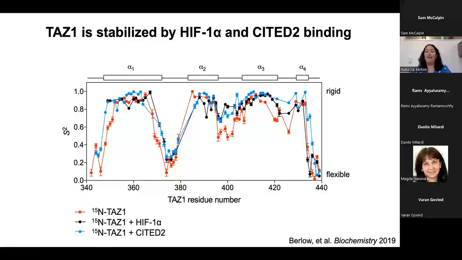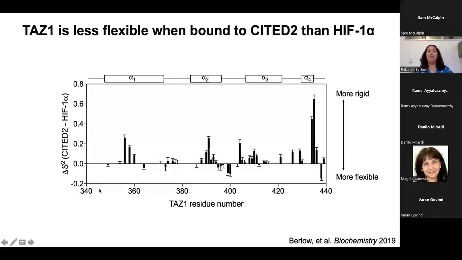And so that implies that TAZ1 is more flexible in its unliganded form than when it's bound to either HIF-1 alpha, which is shown here in black, or CITED2, which is shown in blue. And the other thing that we were able to identify is actually if we just subtracted the order parameters for the HIF-1 alpha complex from those of the CITED2 complex, what we saw was that the difference was almost always positive.